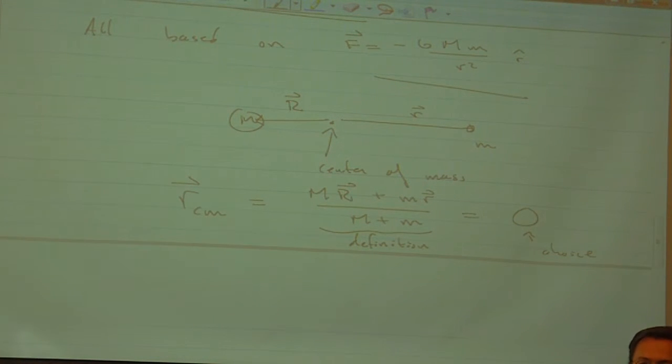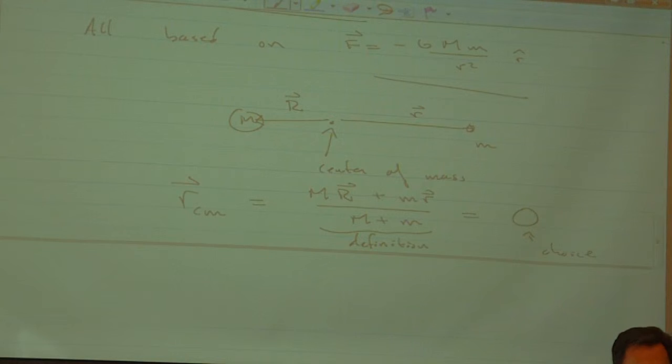So you've got one position vector, capital R, and another position vector, little r. You add them up such that you move them towards the more massive thing by multiplying by the mass. If the masses were equal, the center of mass would be in the middle of the two objects. Right? That makes sense?